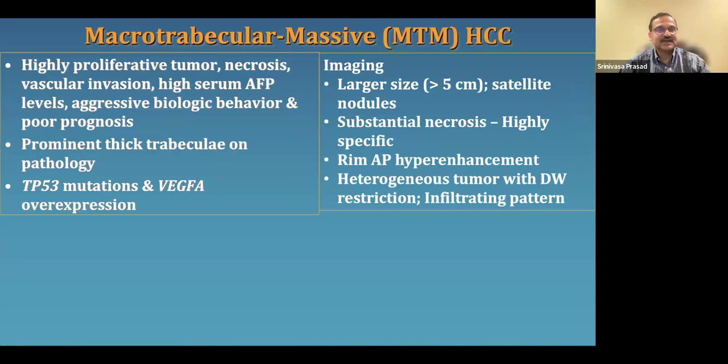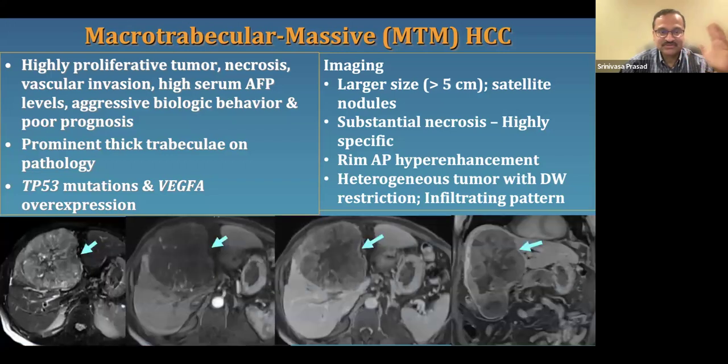And there's another highly proliferative subtype of HCC called the macrotrabecular, referred to by the thick trabecular pattern that they see under the microscope. These are typically markedly heterogeneously enhancing tumors with significant restricted diffusion and an infiltrative growth pattern, with very aggressive biological behavior.